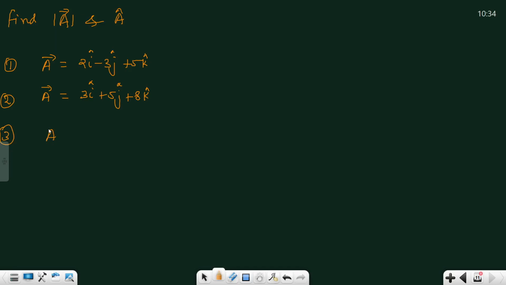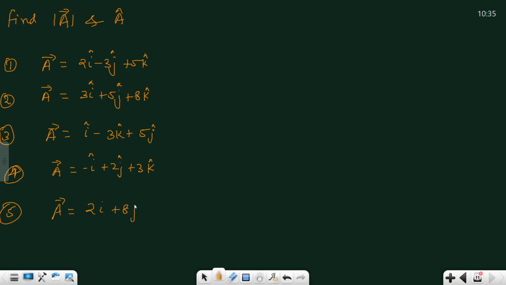Third one is i minus 3k plus 5j cap. Fourth one is i plus 2j plus 3k cap. And fifth one is 2i plus 8j minus 13k cap. So what you have to do, you have to calculate magnitude as well as direction.